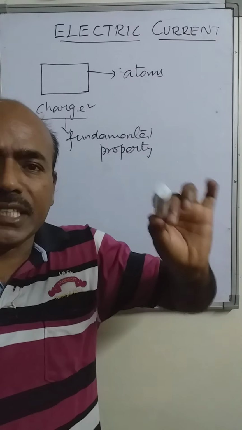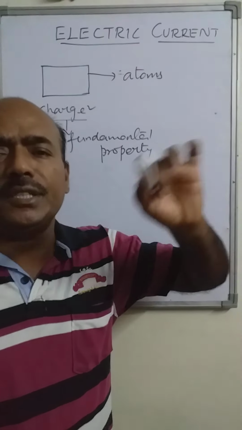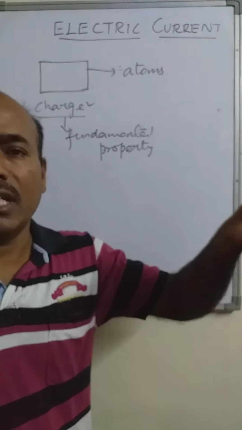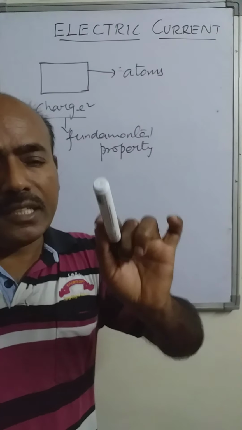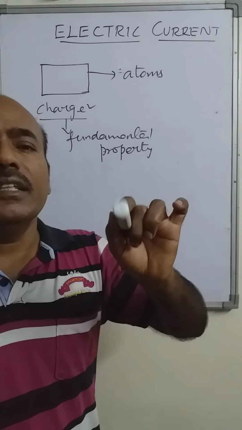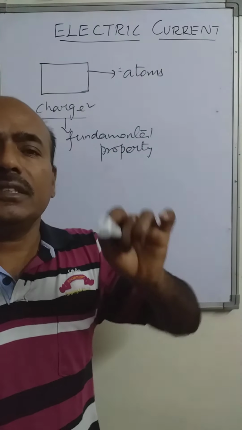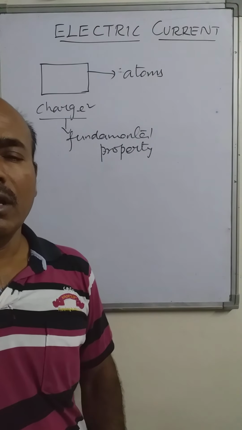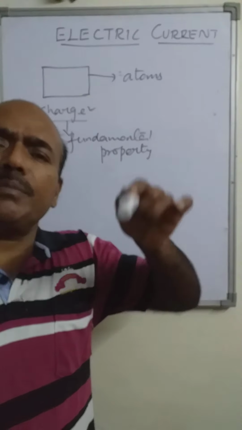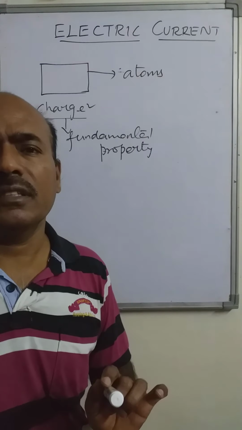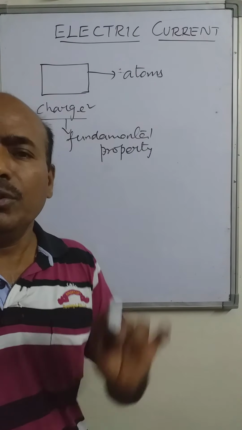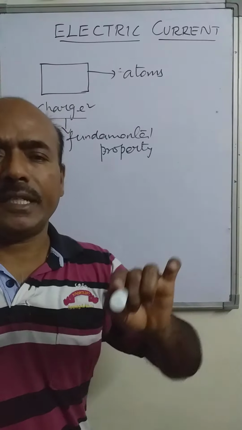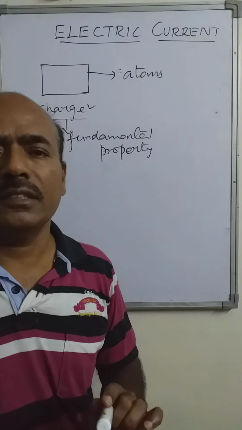But at this condition, it is not able to exert force. At this condition, we say this is neutral, this is uncharged. Why do we say this matter is uncharged? Because though it is having the charged particles, still it is uncharged.